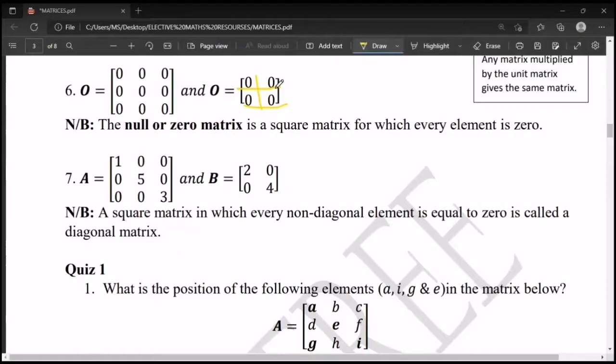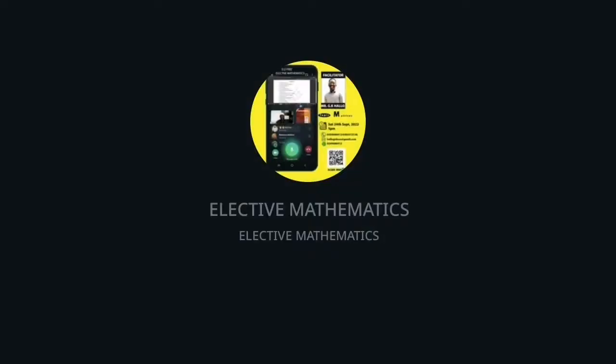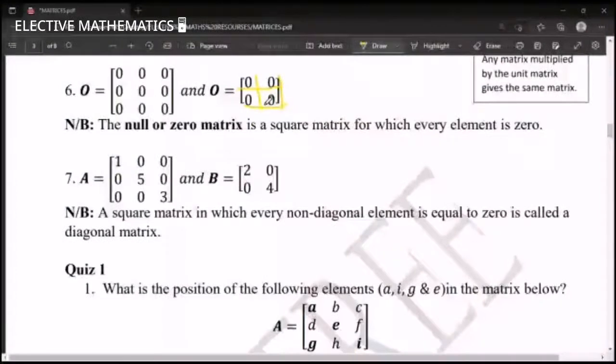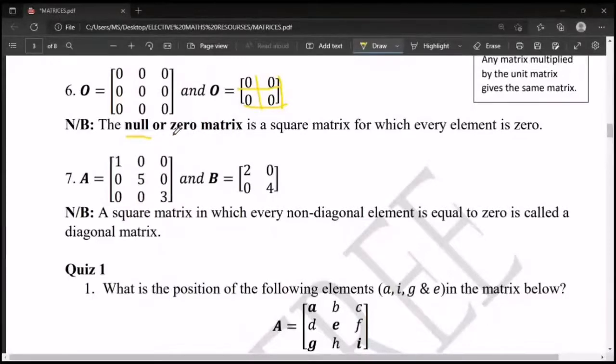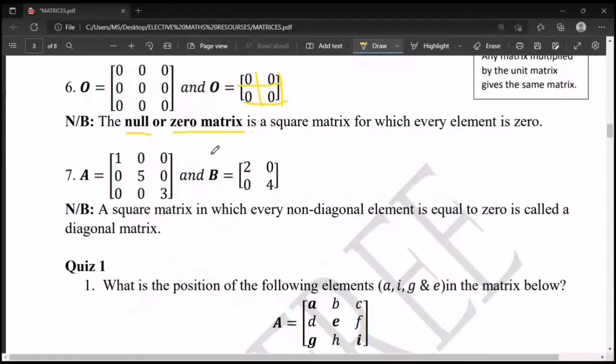So the order of this matrix is 2 by 2 and it is a square matrix. Now, because of the elements which are 0, 0, this matrix is termed as a null matrix or zero matrix.